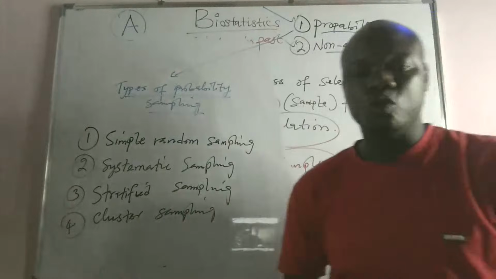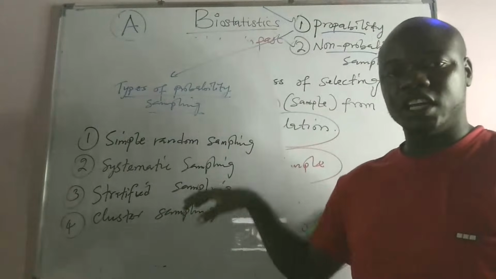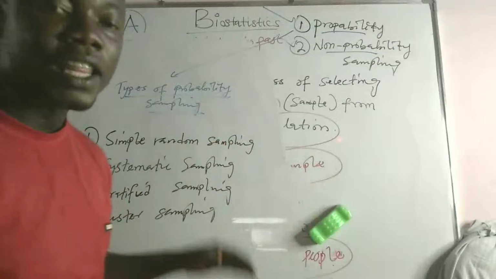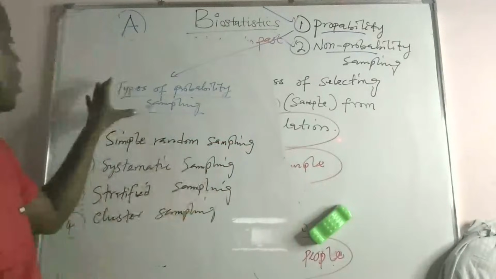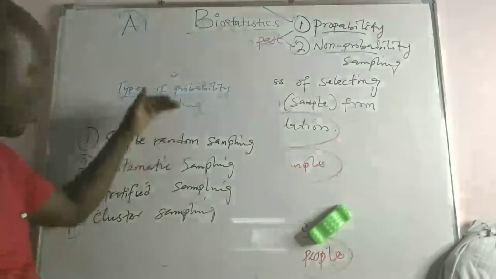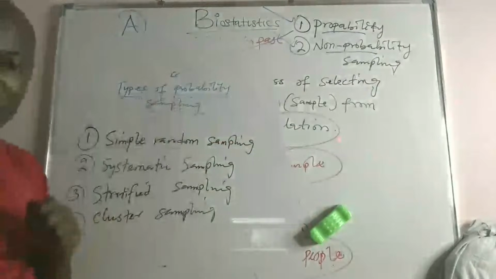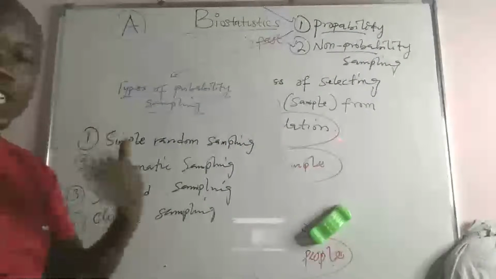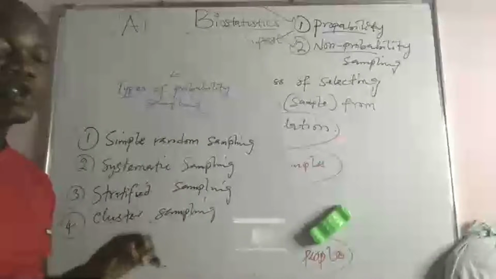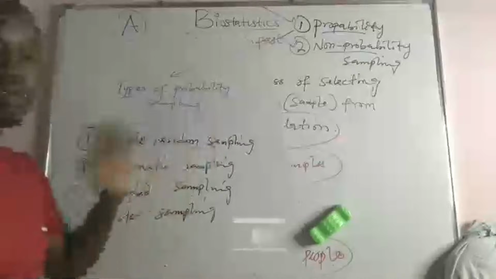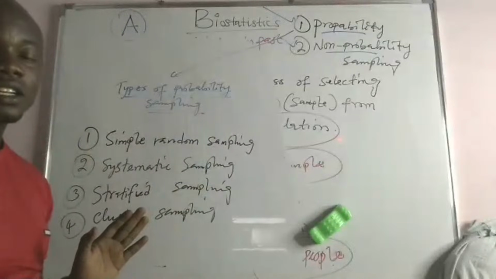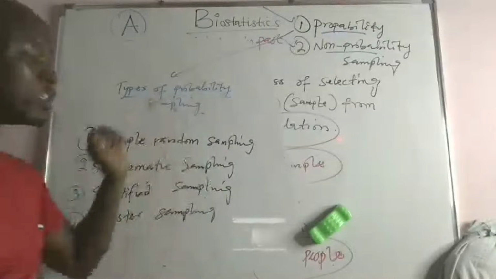So I actually don't want to go deep to explain each and every one of these, but I want you to understand that these are the types of probability sampling. Maybe after this, I'm going to send you videos on this sampling so that you will understand the difference of each and every one of these and how you apply them in statistics, because I don't want to waste much time here.